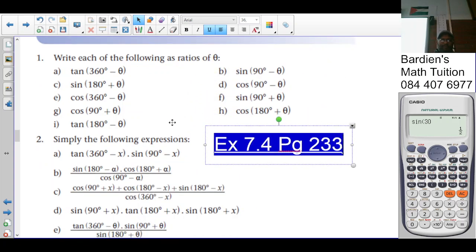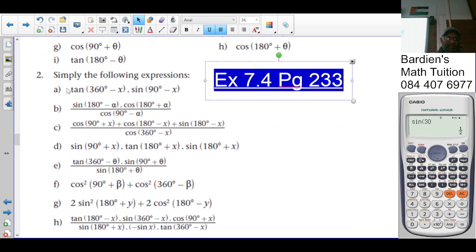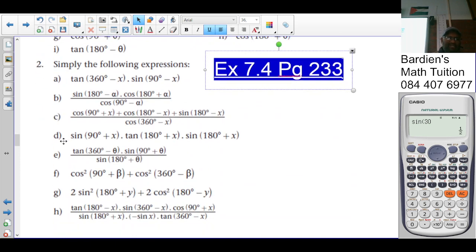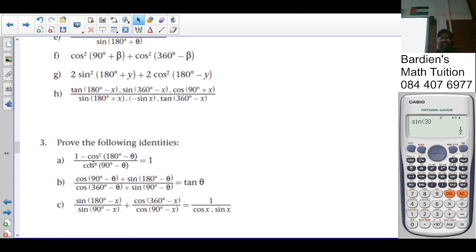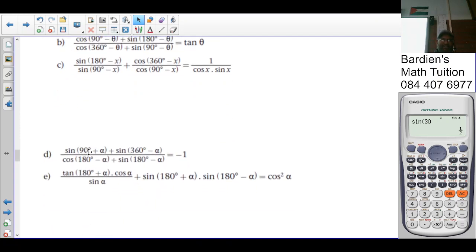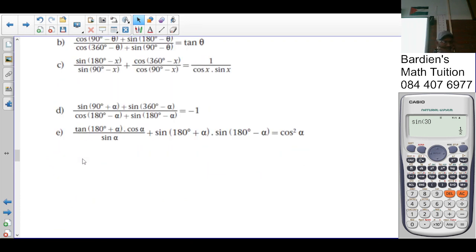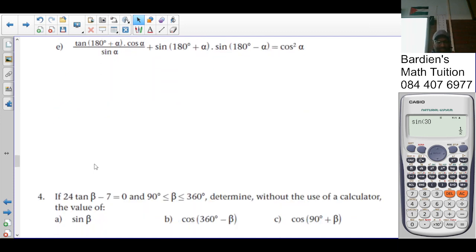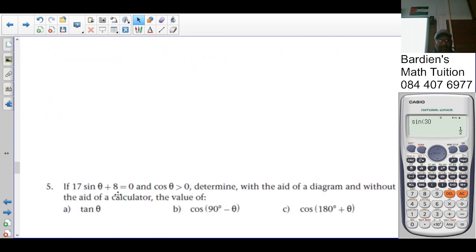Out of 7.4, you do number 1, the first column. Number 2, you do A, C, E, G, so you're doing every alternate sum, starting with A. Number 3, the same thing, A, C, and E. You don't do number 4. However, you do number 5.